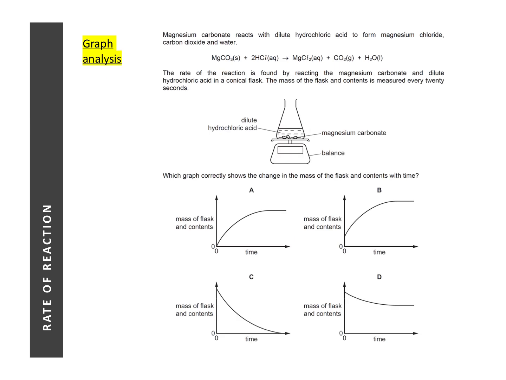For this graph, we are looking at the second method, where we look at the loss in mass over time. Even though we are looking at a different experimental approach, the fact that the rate of reaction would decrease over time remains unchanged. So how would it be reflected in the graph?